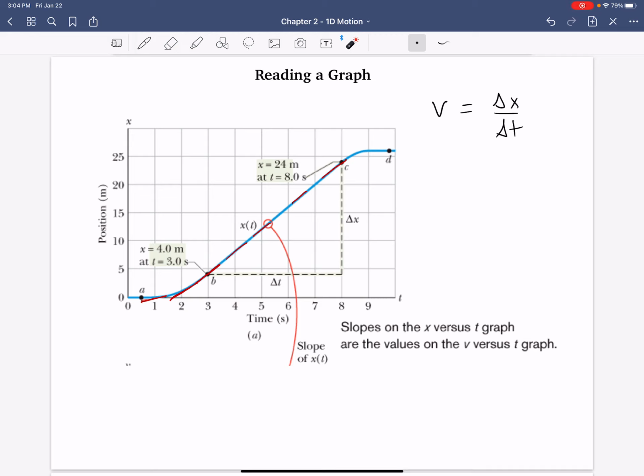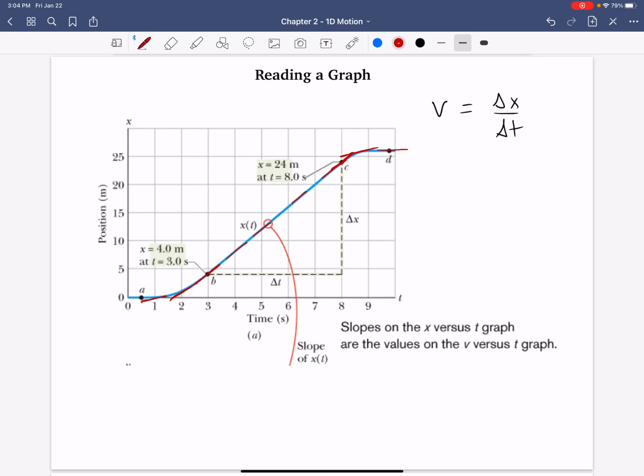From C to D, what's happening to the value of the slope, or tangent line? Well, it's going back to 0. At point C, it's something like that, and then it's decreasing like there and then back down to 0. So what's happening from C to D is that this particle is slowing down.